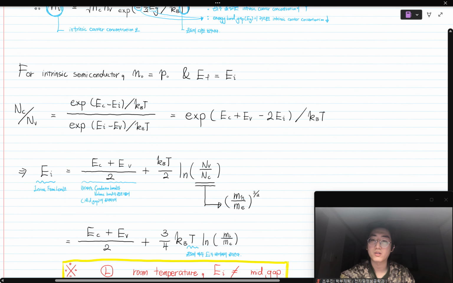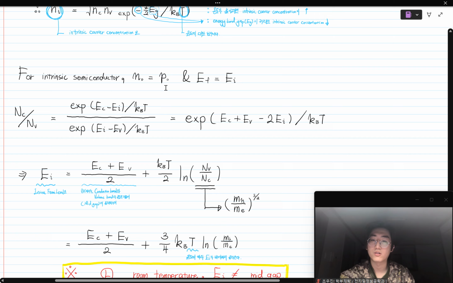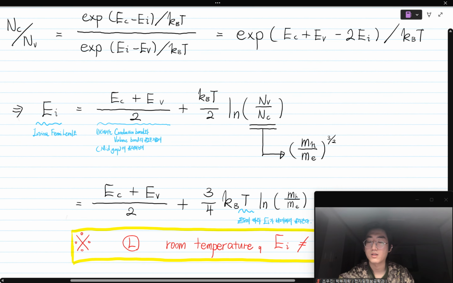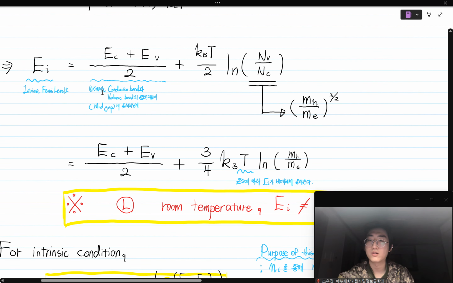For an intrinsic semiconductor, n0 equals p0, and EF is the Fermi level for the intrinsic case. So Nc over Nv can be written like this, as we talked about before. So the intrinsic Fermi level is expressed like this, which is about the mid gap.